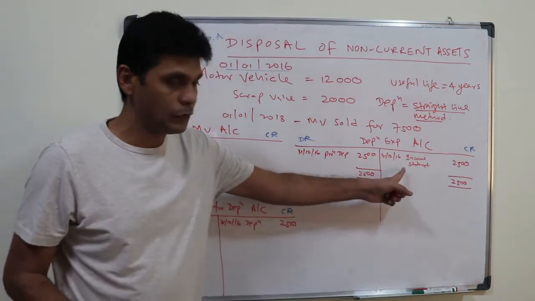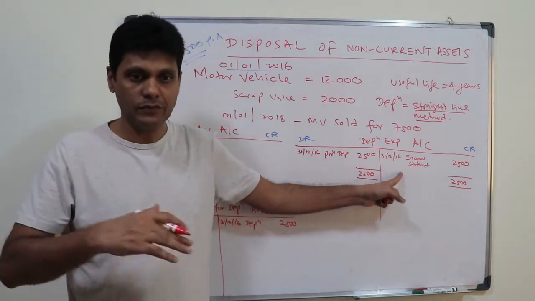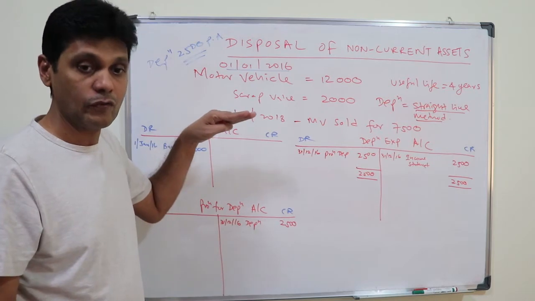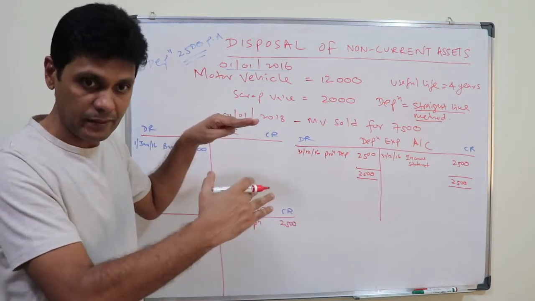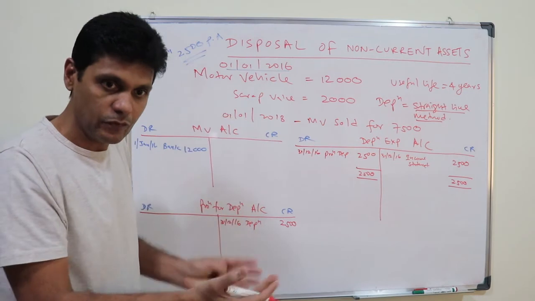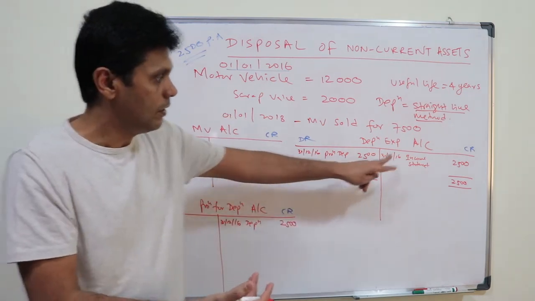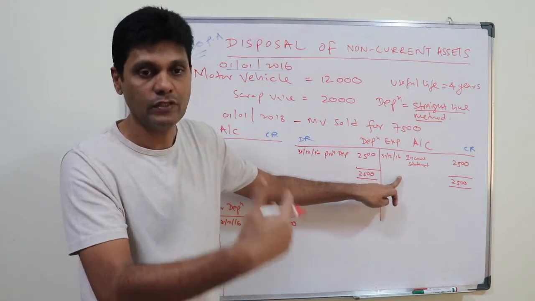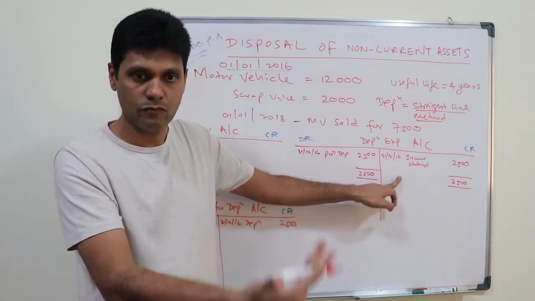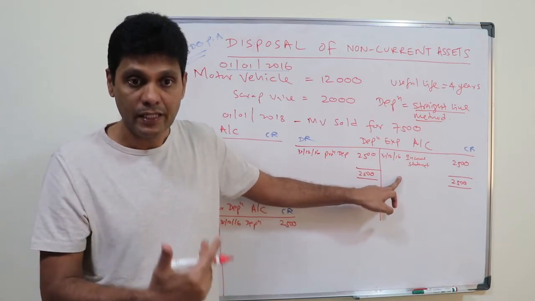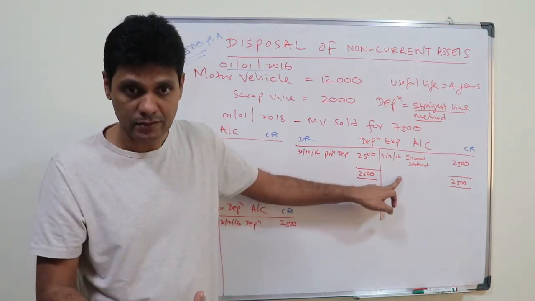I am not going to show you the full income statement. It is a separate account. There you will have the sales, expenses, then you will calculate the profit. Under expenses you will have the depreciation also along with salaries, electricity, telephone expenses. The depreciation also will be part of your income statement under expenses.